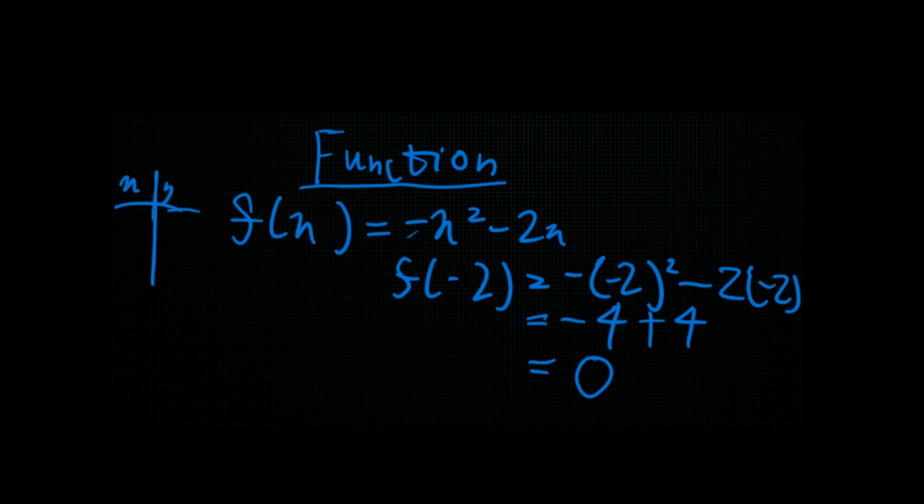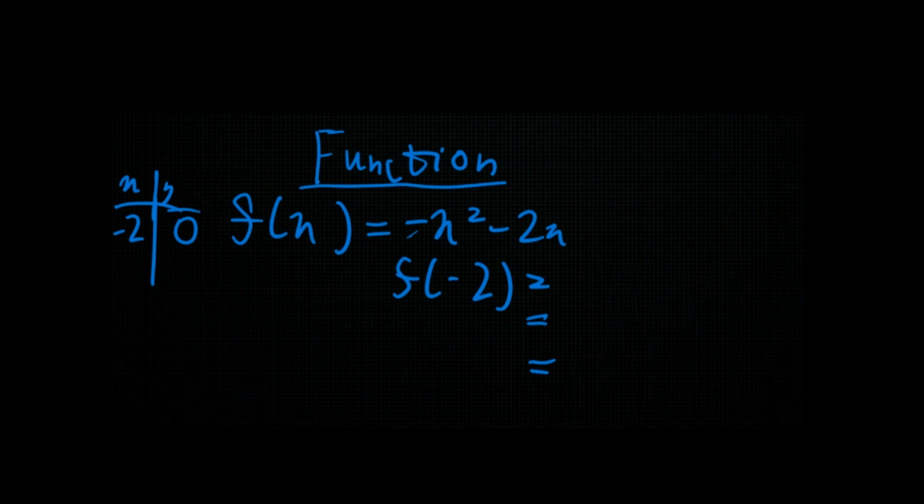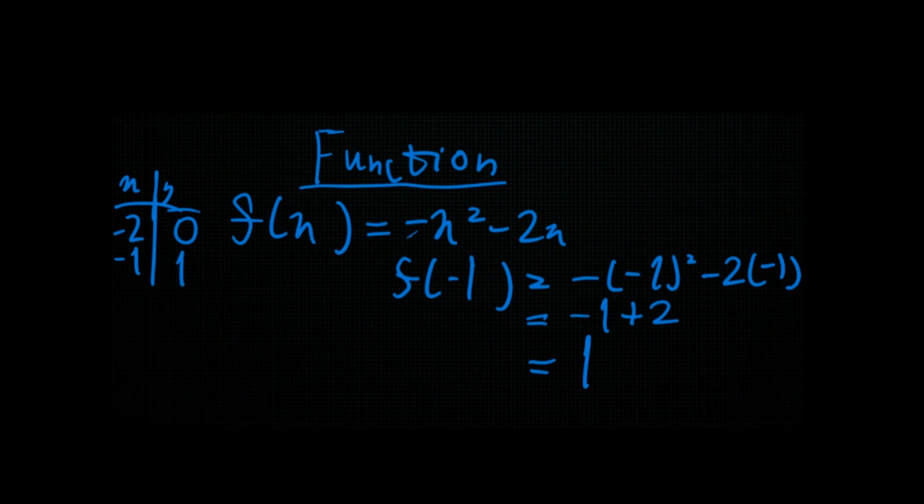Let's quickly make the table. Now let's use negative 1. Negative 1 squared minus 2 times negative 1. So that will equal negative 1 minus, actually, plus 2. Negative 2 times negative 1 equals just positive 2. So now that will equal positive 1. So f of negative 1 will be positive 1.